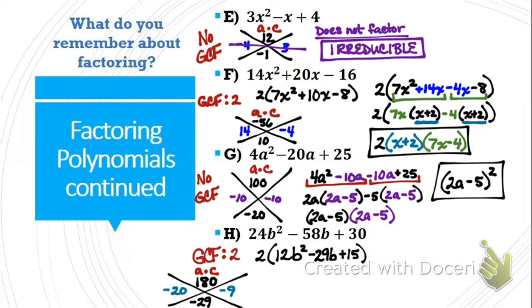All right. So let's make our groups. 12b squared minus 20b minus 9b plus 15. Make my groups. What can I take out of the first group?